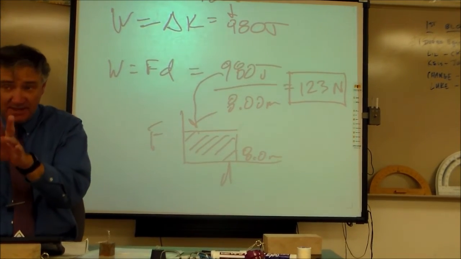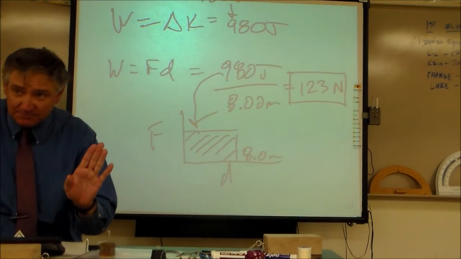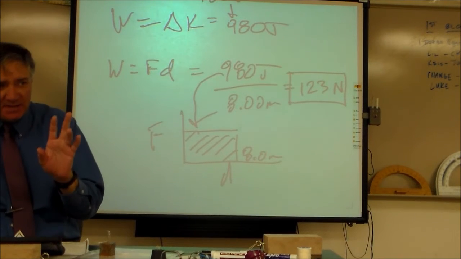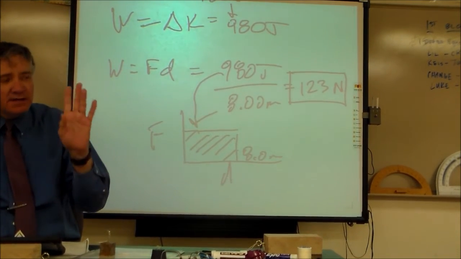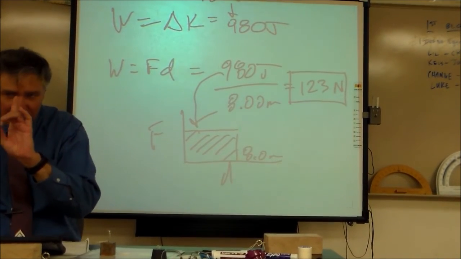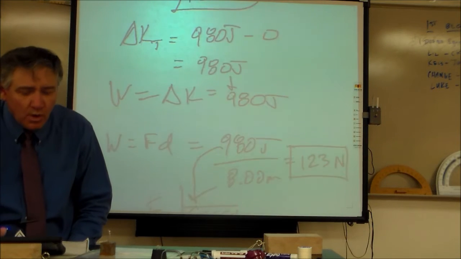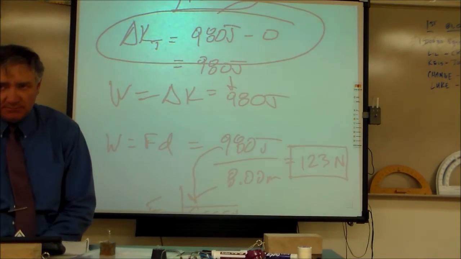Now, let's say Paige, instead of picking 8 meters, had picked 4 meters. Listen very carefully before you answer this: if she had picked 4 meters, what would that have done to my change in kinetic energy?